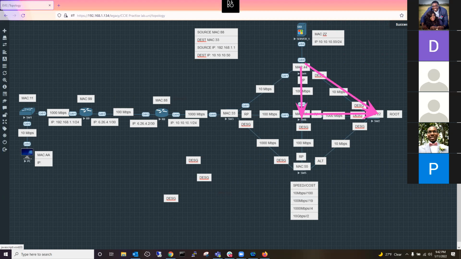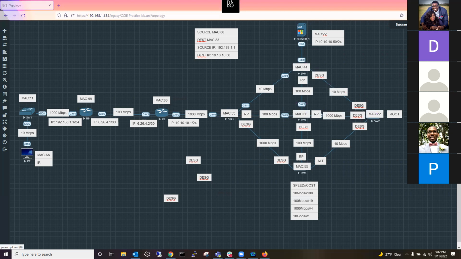So with that, the election process. Does anybody know the election process of a designated switch? Is it the priority ID or the root ID? Close. You're close. I'm glad you're thinking about it. So it's the switch with the lowest cost to the root, the lowest cost home.